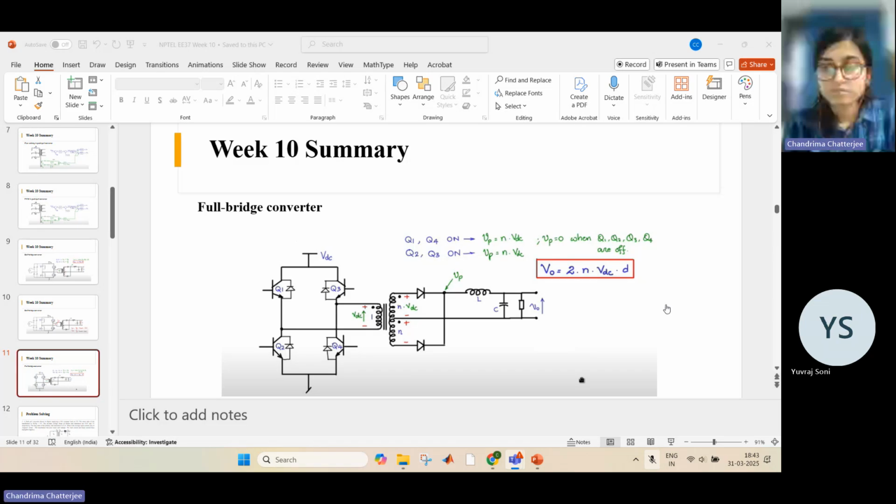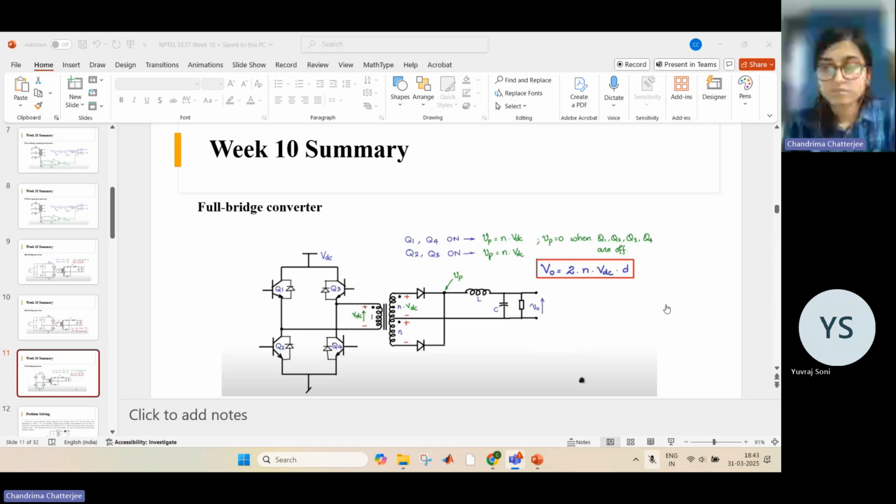In that case, D1 is forward biased, so current flows like this in the secondary circuit. If we apply KVL here, the drop across this diode VD1, then V out. So here we have calculated VS as 12.5 volt.